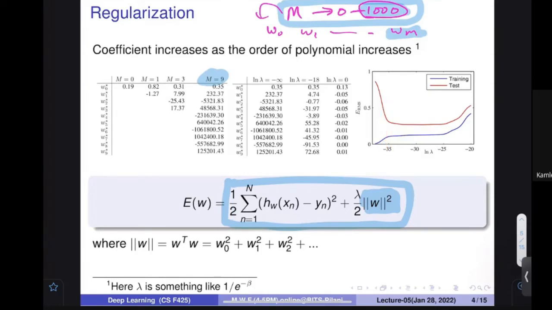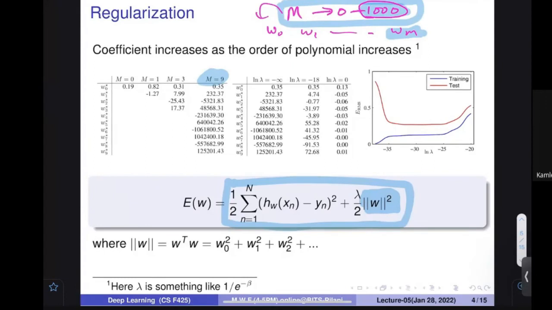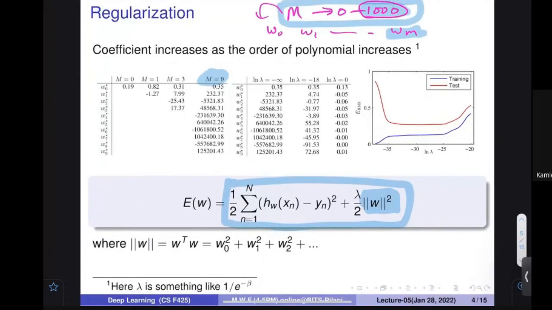The training and testing error are going to be very near, so you may stop somewhere here. If you choose the parameter appropriately, your error could be reduced much, and your system would be regularized, and with a higher value of m also you can perform the same kind of operation.